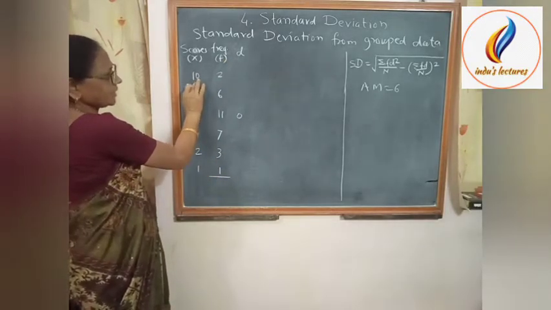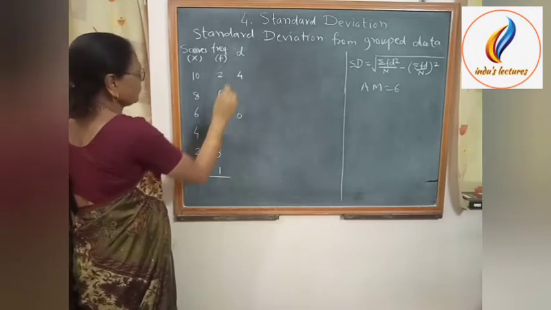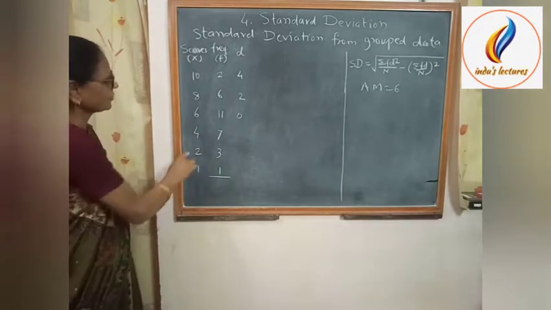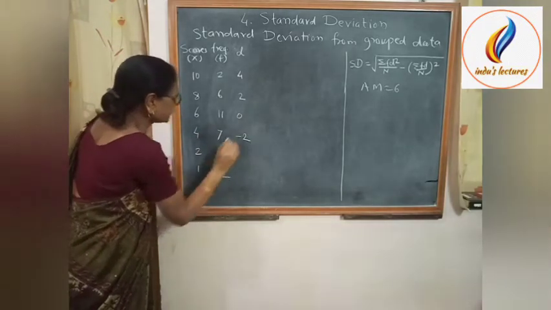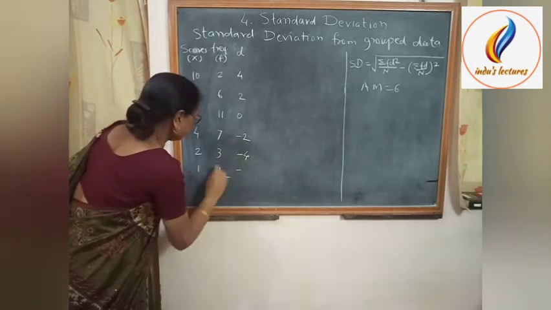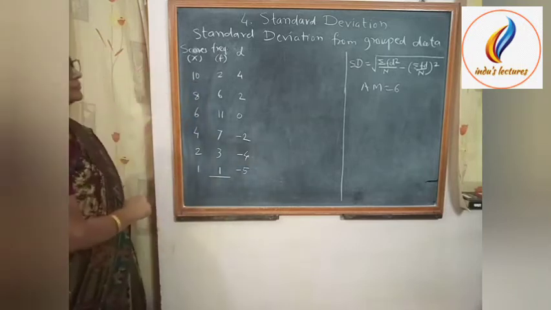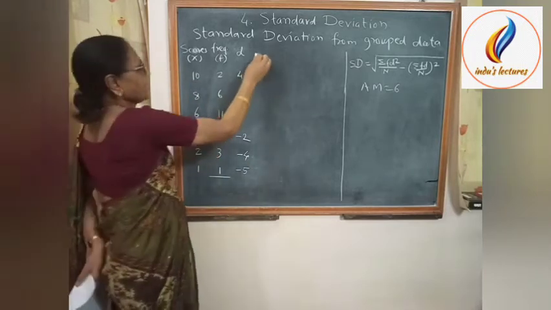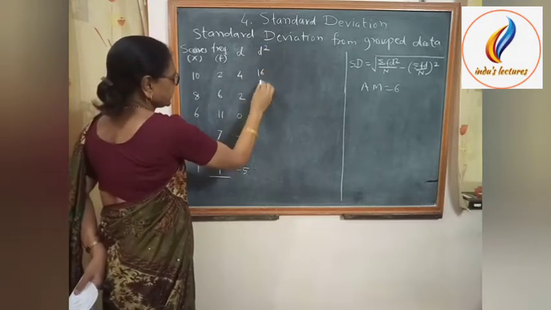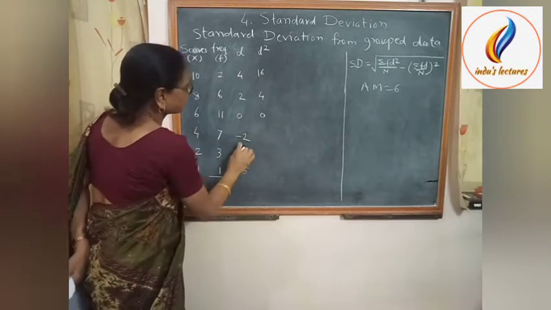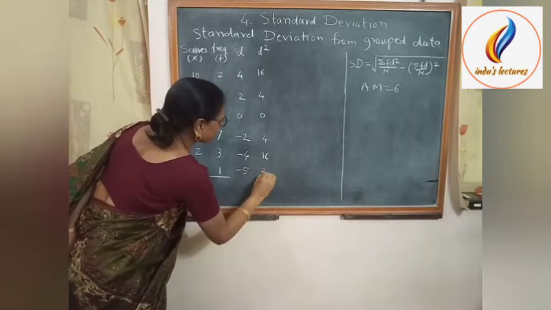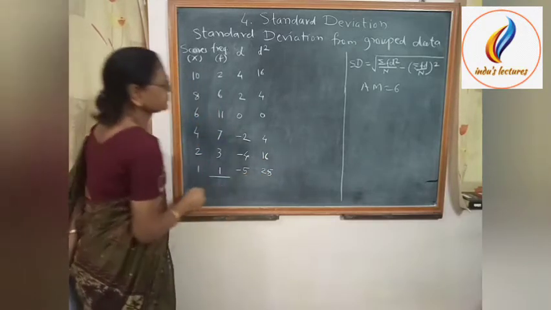So deviation of 10 is 10 minus 6, that means it is 4. 8 minus 6 means it is 2. 6 minus 6 is 0. 4 minus 6 is equal to minus 2. 2 minus 6 is equal to minus 4, and deviation of 1 is minus 5. Now calculate d square. Square of 4 is 16, then 4, 0, square of minus 2 is equal to 4, square of minus 4 is 16, and square of 5 is equal to 25.